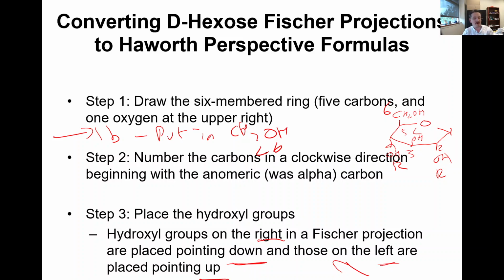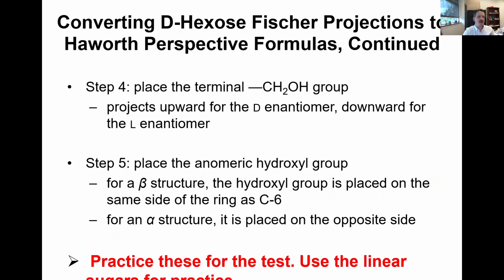I thought there was something not quite right there. Okay, I apologize. Step 4 is to place the CH2OH, which projects upwards for the D enantiomer and downwards for the L enantiomer.